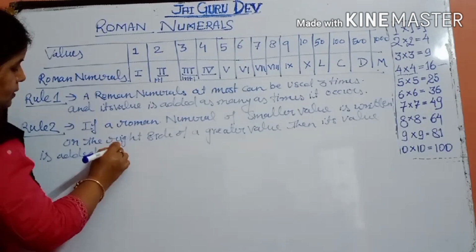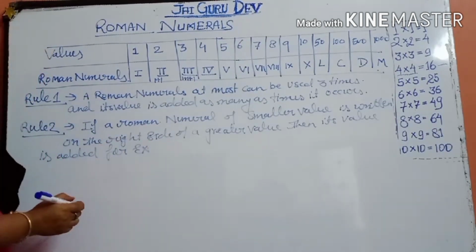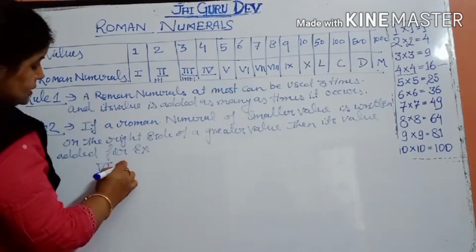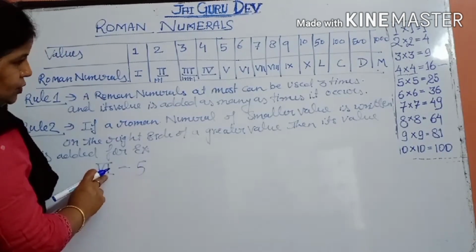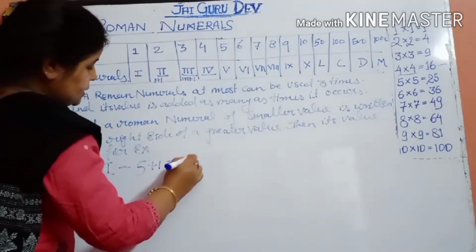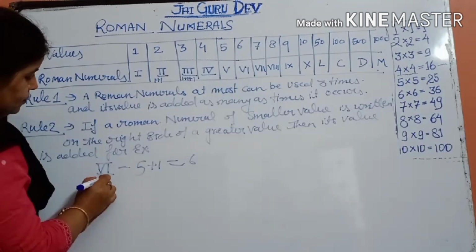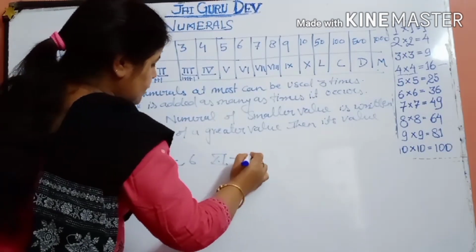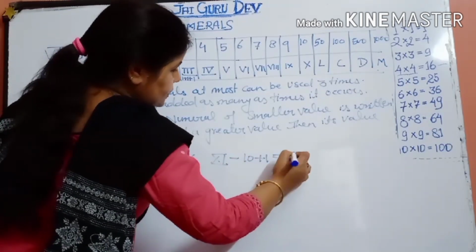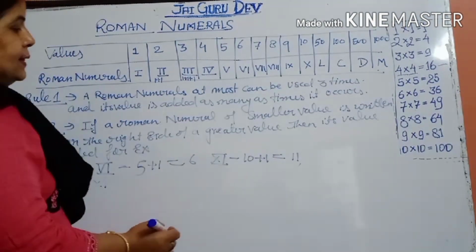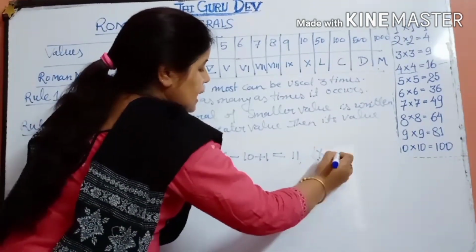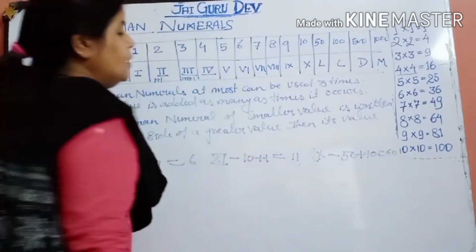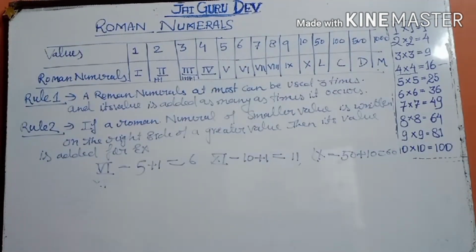For example, suppose we have VI. You can see that V means 5. On the right-hand side a smaller value is written. 5 plus 1 it will become 6. XI also, 10 plus 1 it will become 11. More examples, you can see LX, L means 50 plus 10 it will become 60 and so on. Many more examples we can take.